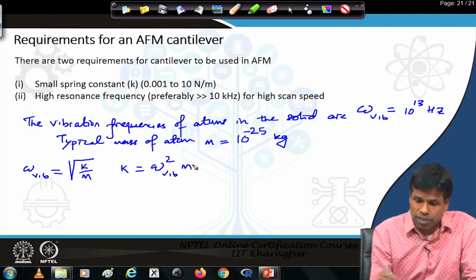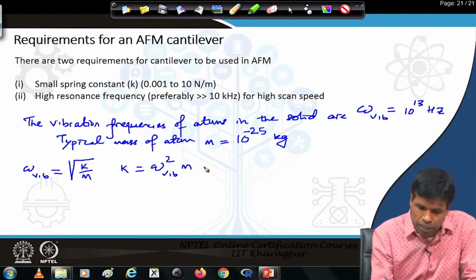If we put in these values, we find this is equivalent to about 10 Newton per meter.